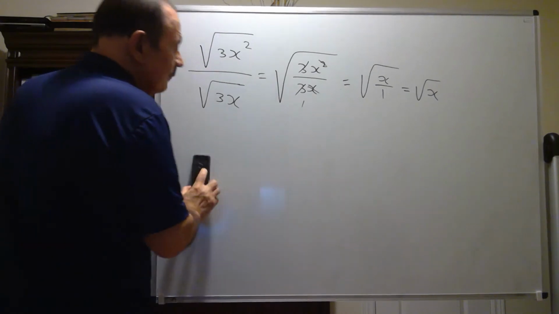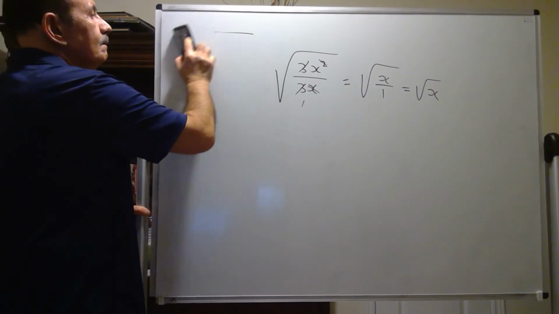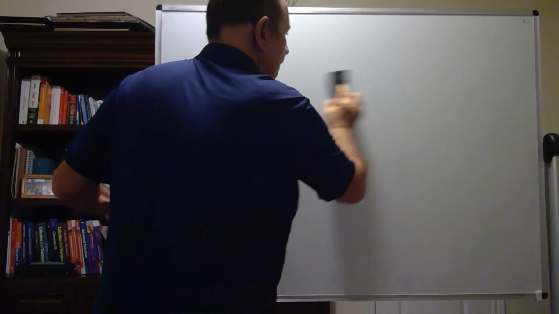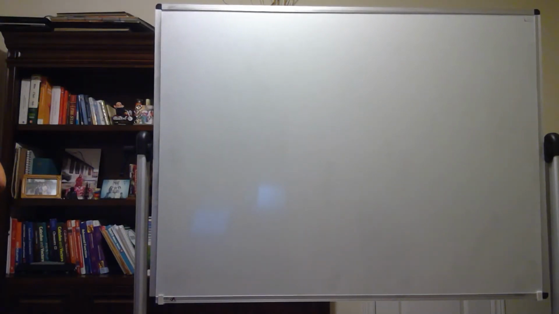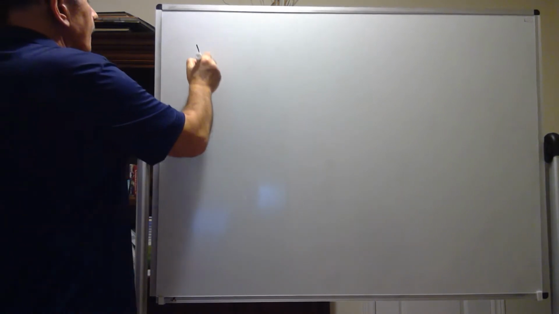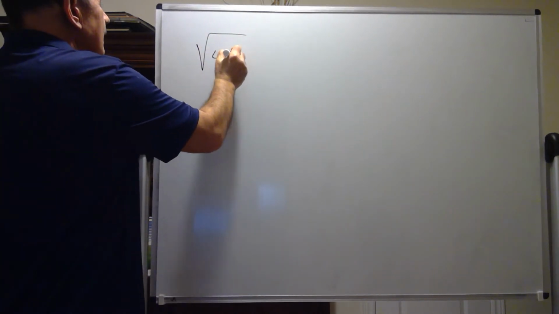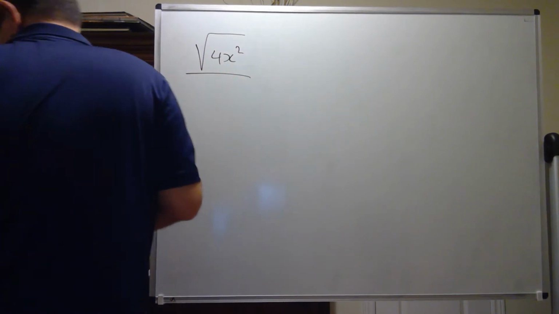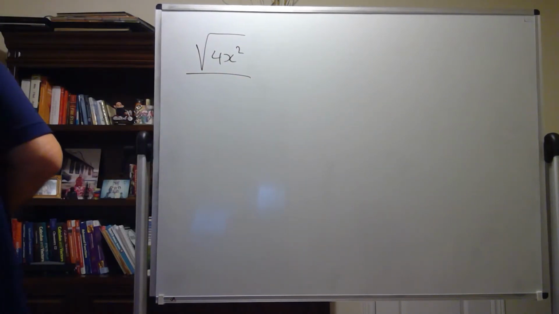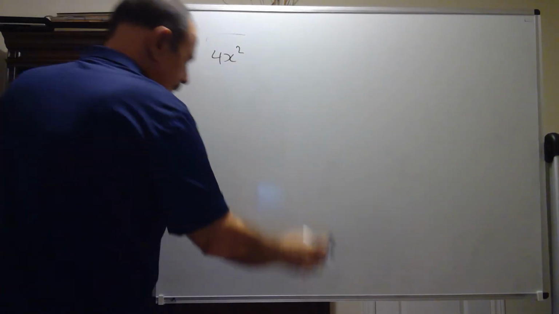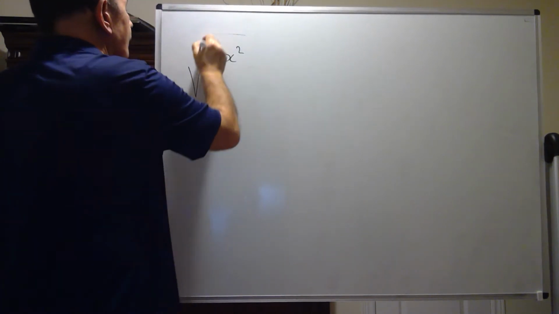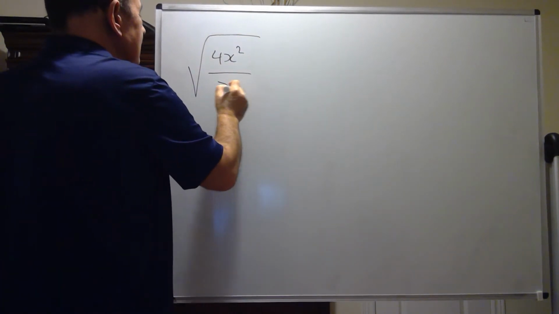Let's do another example. Radical 4x squared over z6.